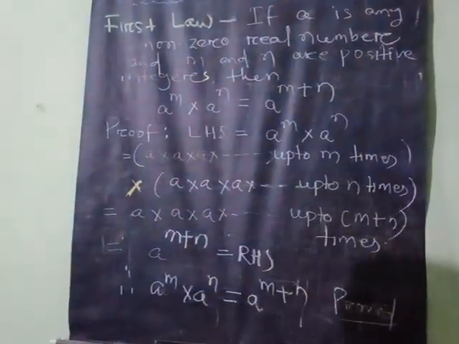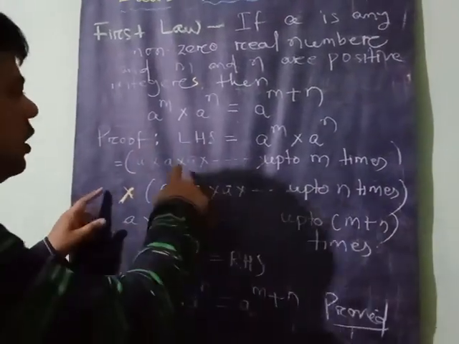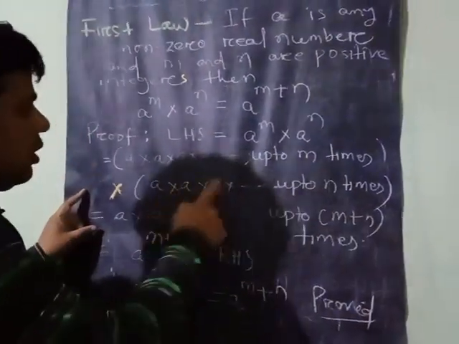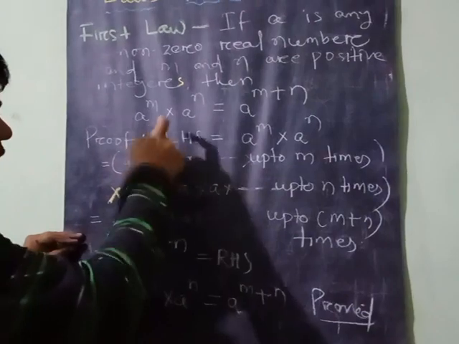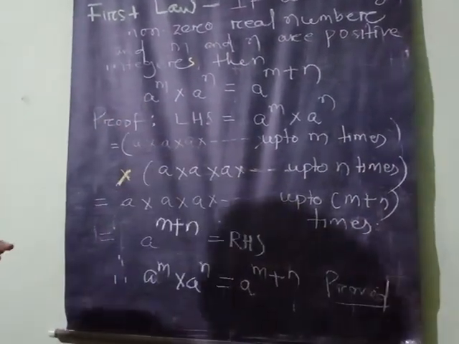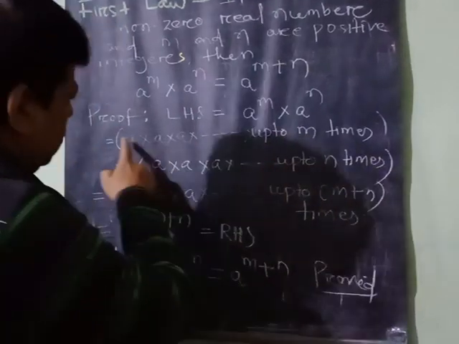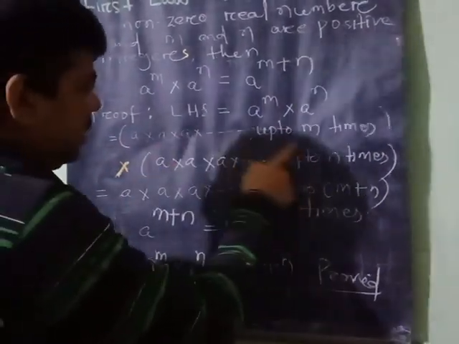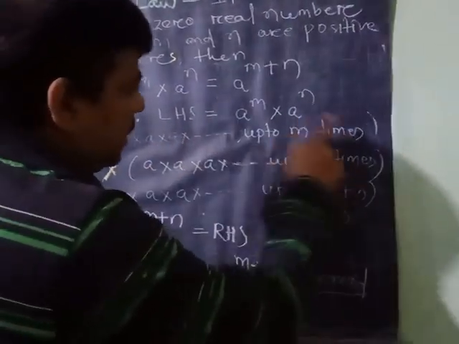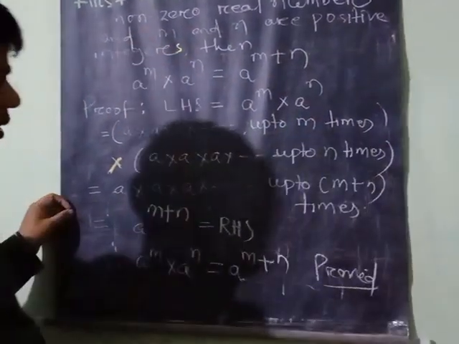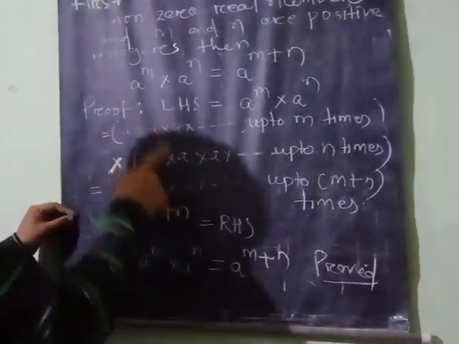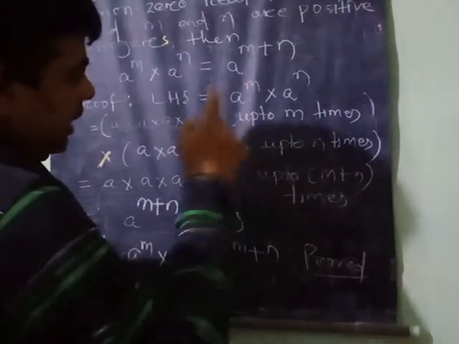Here a is multiplied m times, here a is multiplied n times. If you join them together, a into a up to how many times? Total factors: this is m factors, this is n factors. So the total number of factors will be m plus n. It means a undergoes multiplication up to m plus n times.